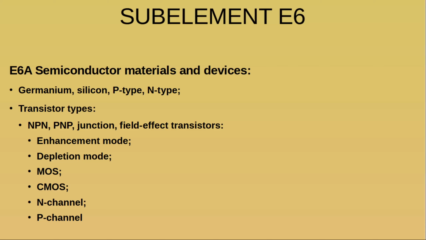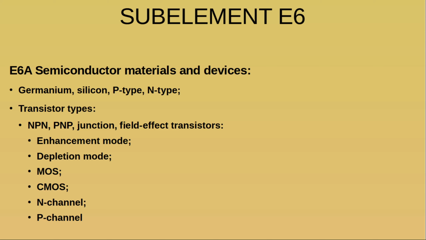We have diodes and transistors. There's essentially two types of transistors made from NPN material or PNP material. We'll talk about that in a little bit. And that mostly is the bipolar junction transistors, which is the older ones. Then came field effect transistors, which operate more like a vacuum tube.